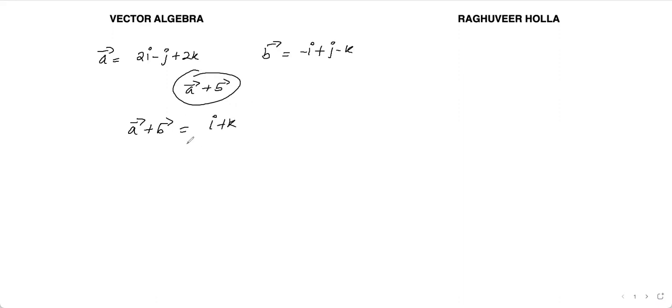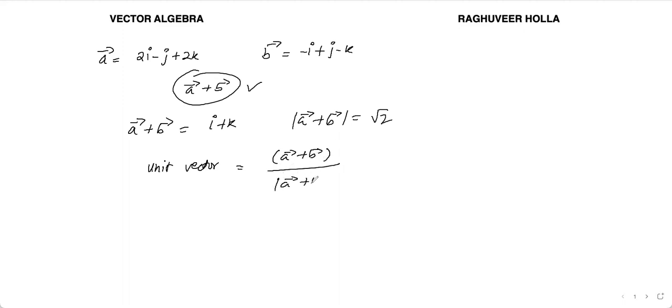Now the magnitude would be mod a plus b, which is root 2, and the unit vector for the sum would be a plus b by mod a plus b, which is 1 by root 2 i plus 1 by root 2 k.